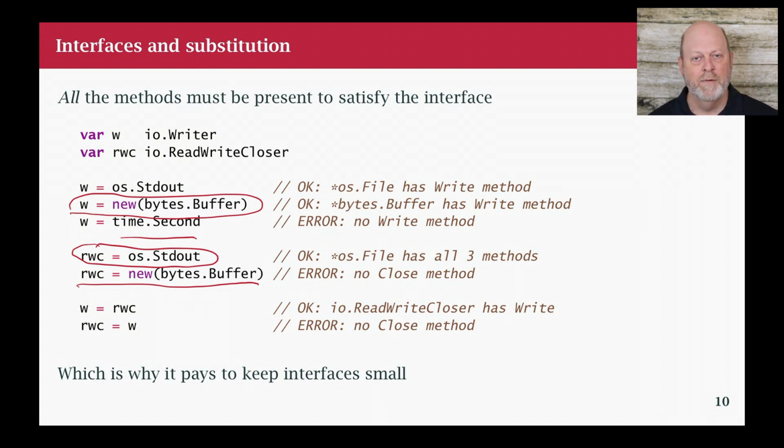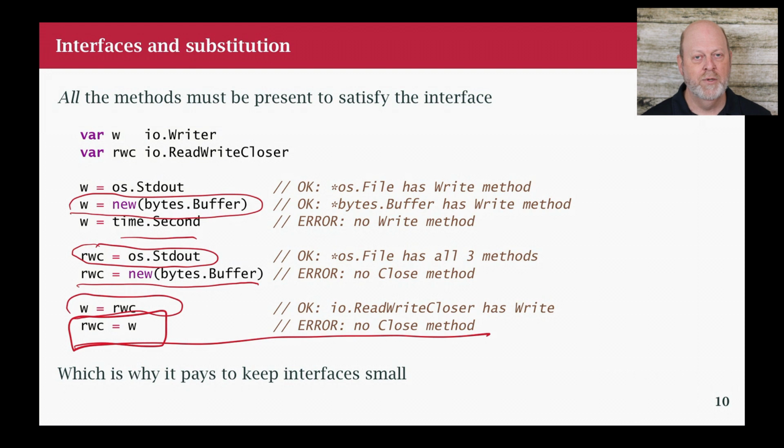Okay, fine. So let's assume I've assigned something to W and RWC. How about assigning back and forth between them? Anything that's an RWC, anything that's a read-write closer, is also a writer because the read-write closer has to have a write method, and the writer interface only wants a write method. So that direction works fine, but the opposite direction fails.